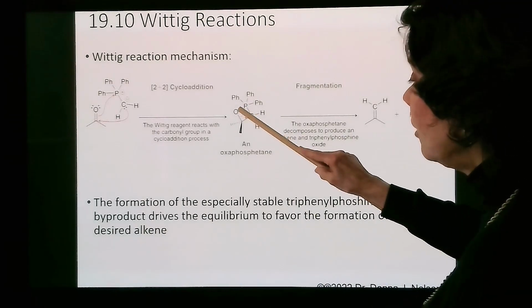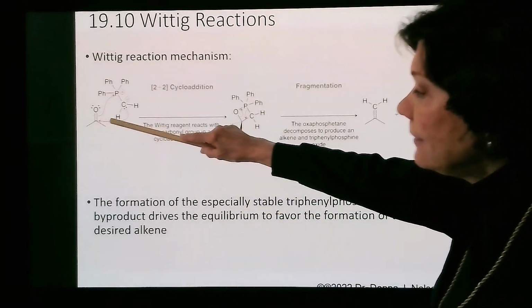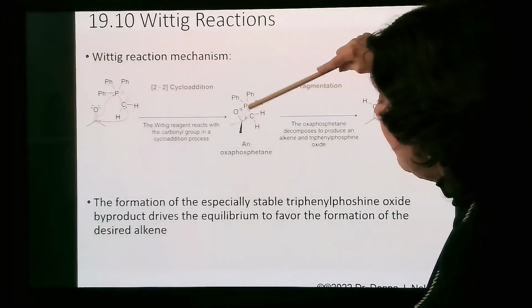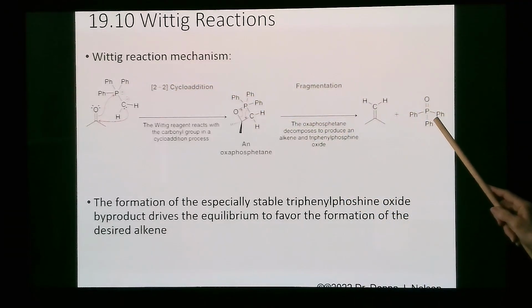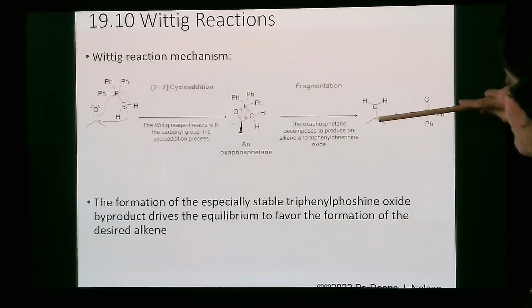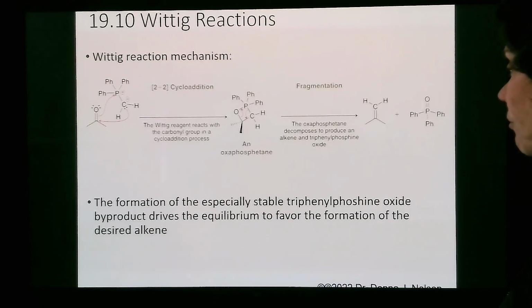So the two bonds that are broken are the two bonds from the original reactants. The carbon-oxygen bond is broken, the carbon-phosphorus bond is broken. So you can see that over here. Here are the new products. You can see that the carbon-carbon double bond has been generated and the phosphorus-oxygen double bond has been generated.